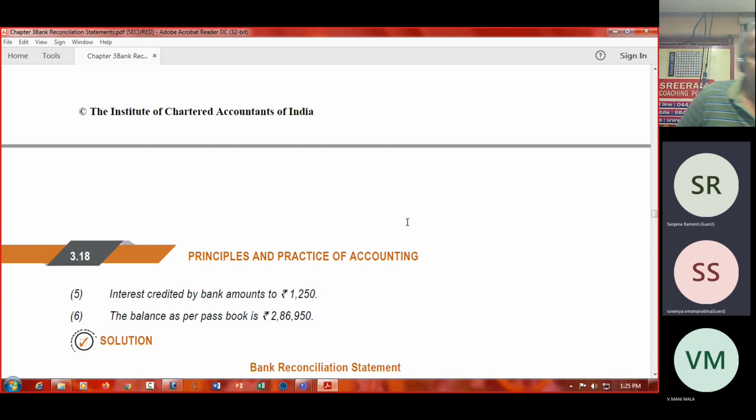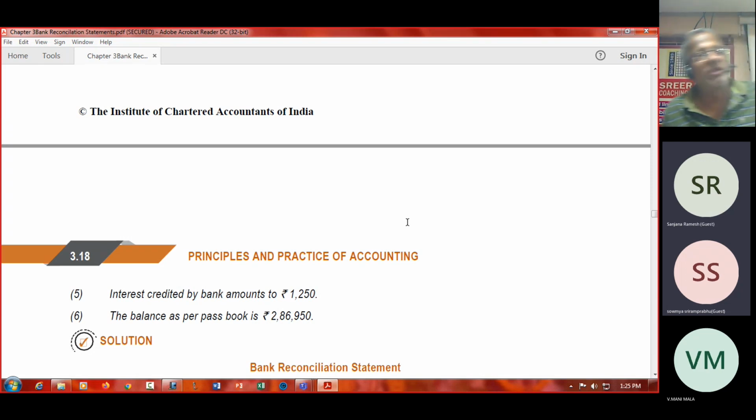Next. Interest credited by bank amounts to rupees 1,250. Once again, I am asking this question to Sanjana because the last one she did not identify in the very first place. For Jindal Limited, is it a receipt or payout? It is a receipt.